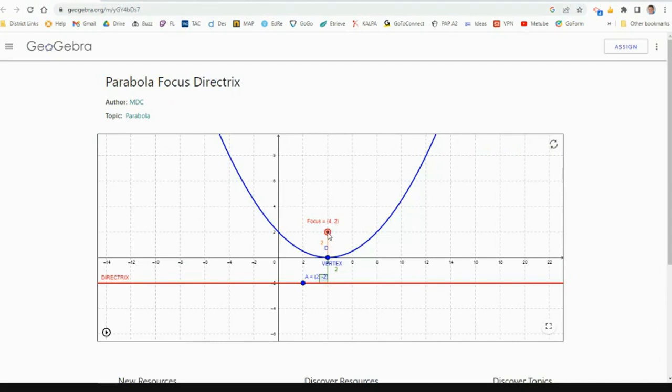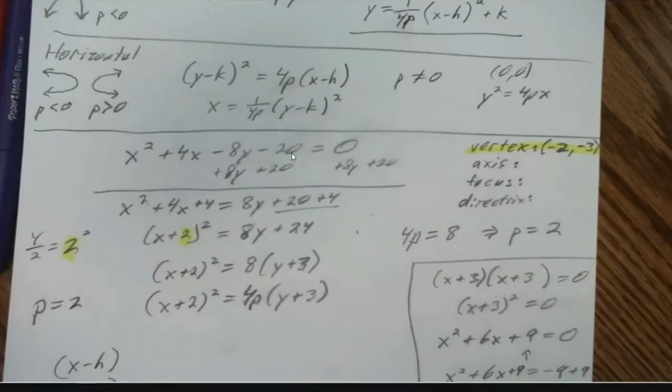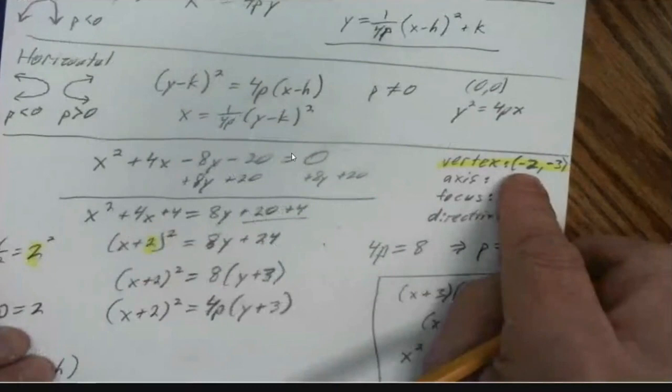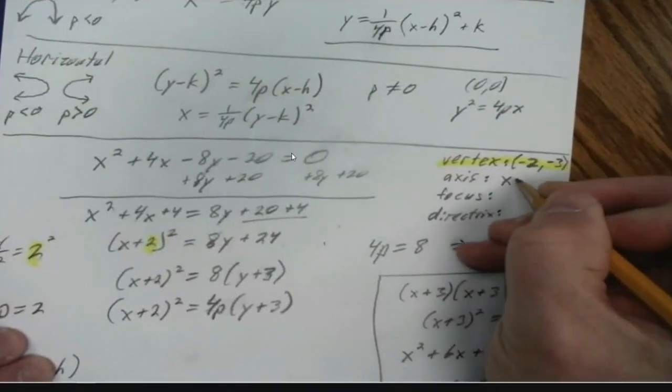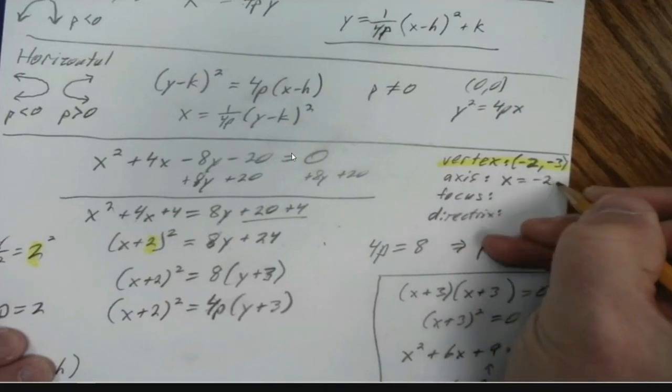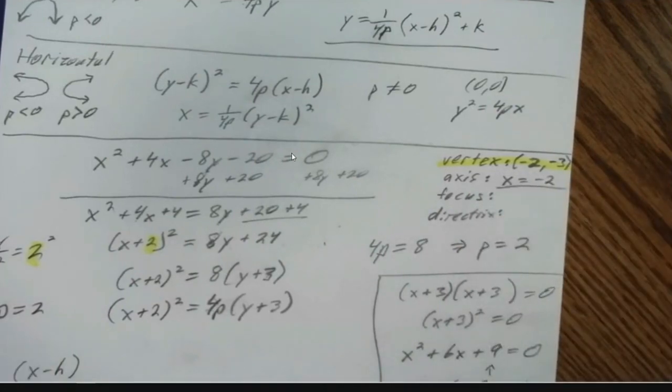The axis of symmetry also goes through the focus. On ours, the x value is negative 2, where our vertex is, so our axis of symmetry is x equals negative 2. That's the line that goes straight up and down in the middle of our parabola.